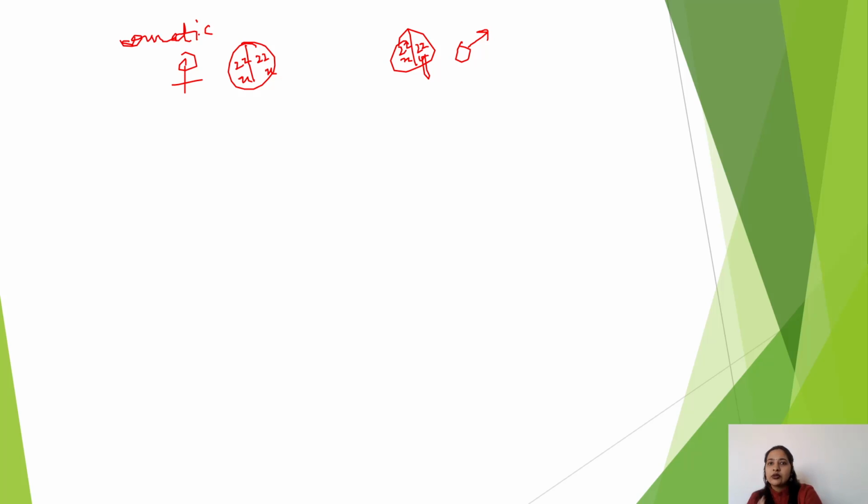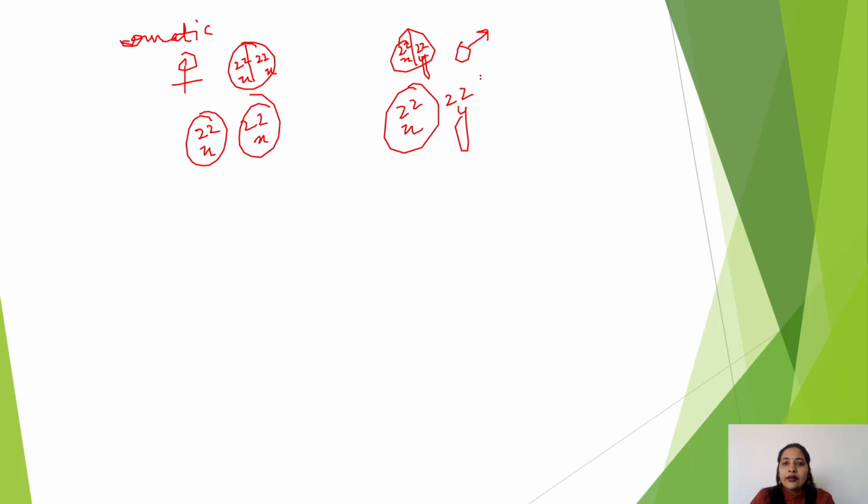Now this somatic cell is broken up, right? The gametes are formed: 22X and 22X here, and 22X and 22Y here. So now the female cells, that is X, and the male gametes, that is sperms, are produced. These are some sperms, so these are male reproductive cells and these are female reproductive cells, that is eggs, right?